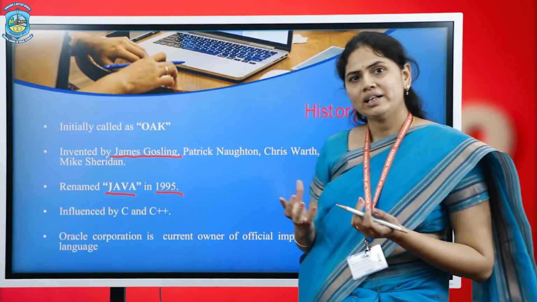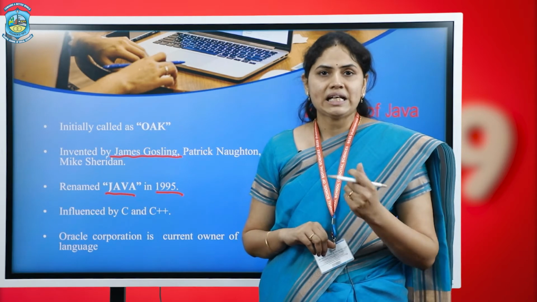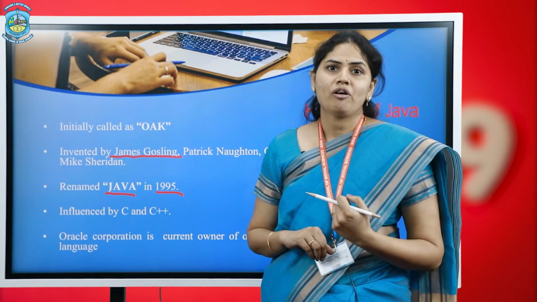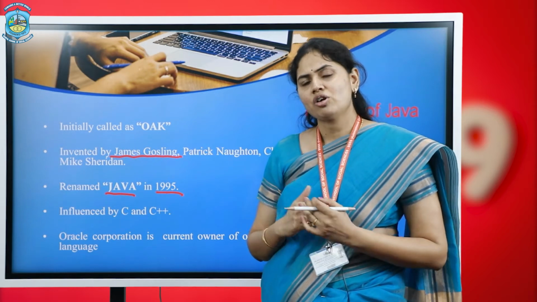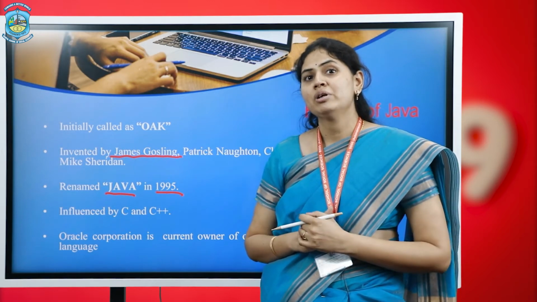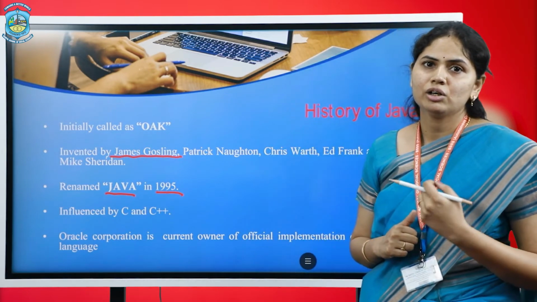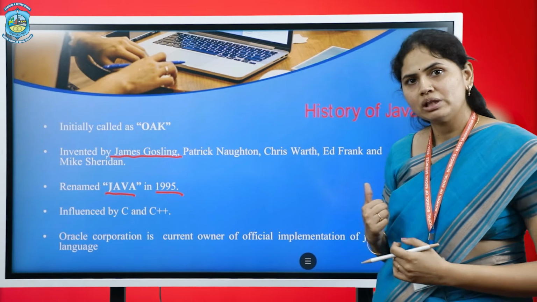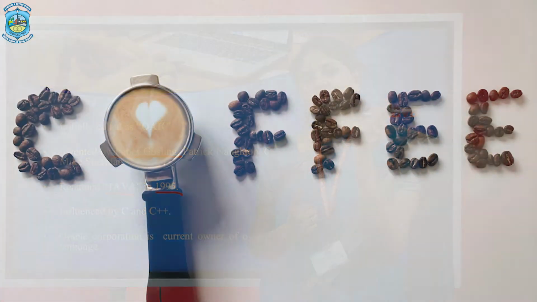Now, what does Java mean? Java is not an acronym. It is basically the name of an island in Indonesia, where the first coffee was produced with the name Java. James Gosling gave the language the name Java on the basis of the name of coffee.